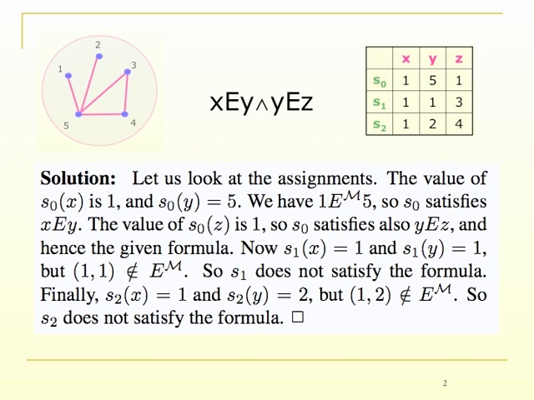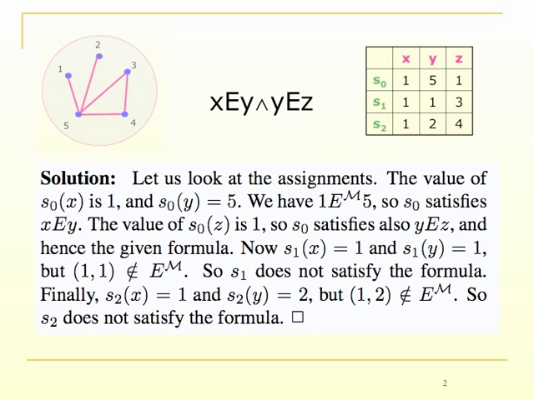Let's move to S1. S1x is 1 and S1y is 1. But the pair 1, 1 is not in the relation EM, because in no graph is there an edge between a vertex and itself. So S1 does not even satisfy the first conjunct, let alone the whole conjunction.